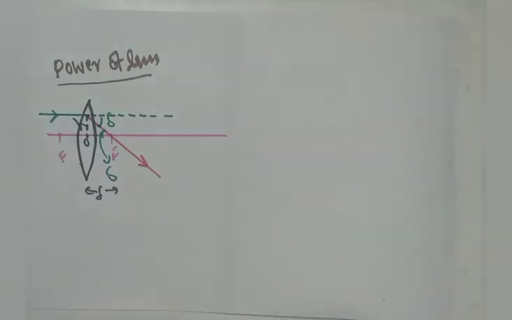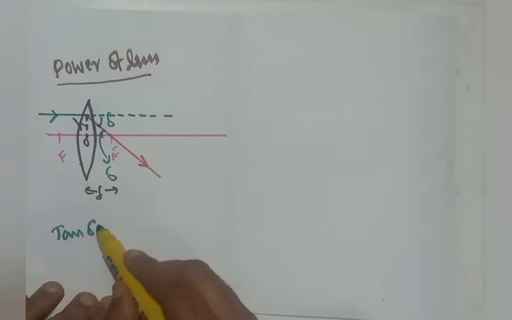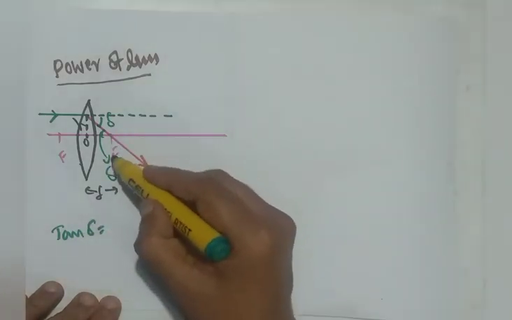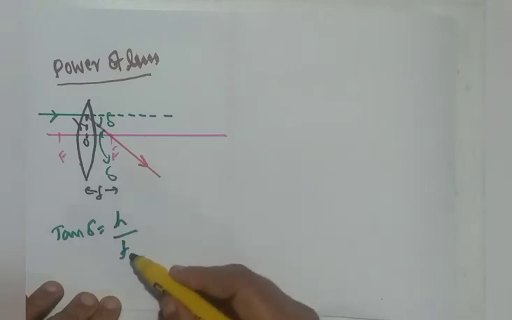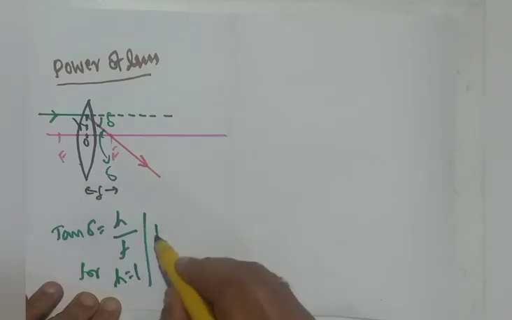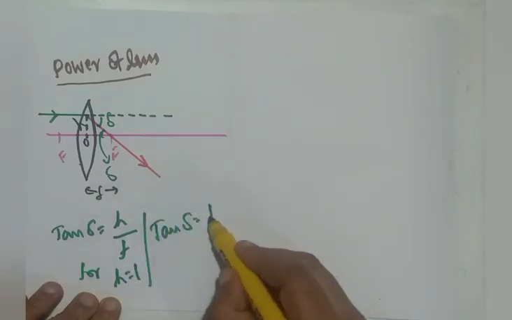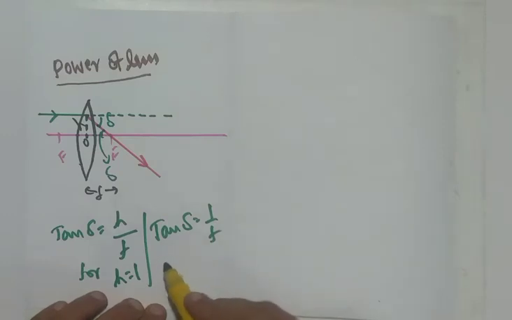Now, power of lens, how to define it? Observe, we write tan delta. Tan delta is h by f. For h equals 1, tan delta equals 1 by f. This tan delta is what we call the power of lens.